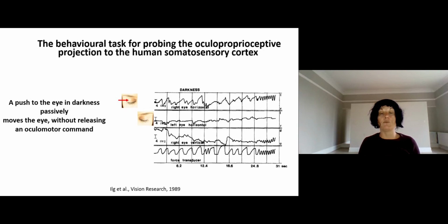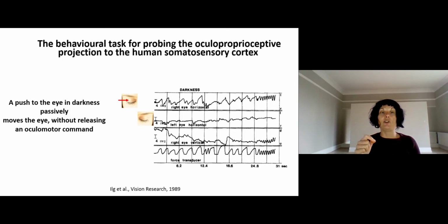The task we used for functional magnetic resonance imaging is inspired by the task designed by Ilg and colleagues. So for this task, one pushes very briefly and gently on the eyelid like this.